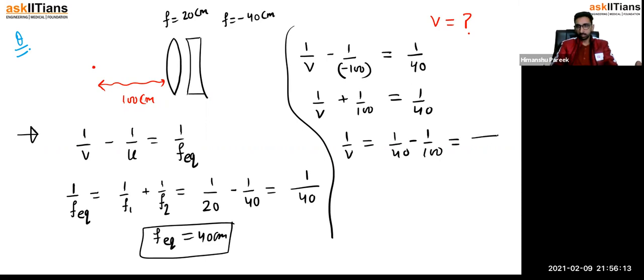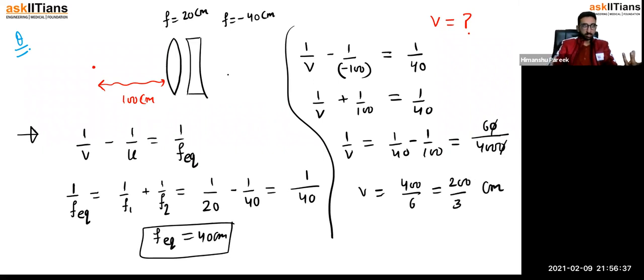I can take 400 as the LCM and simply write 6, so V will become 400 over 6. Let me check if everything is correct. Yes. So 200 over 3 centimeter. The final image is being formed 200 over 3 centimeter from here. That is the final answer.